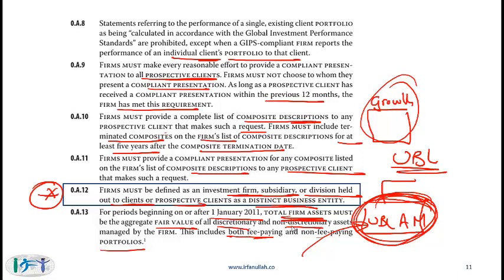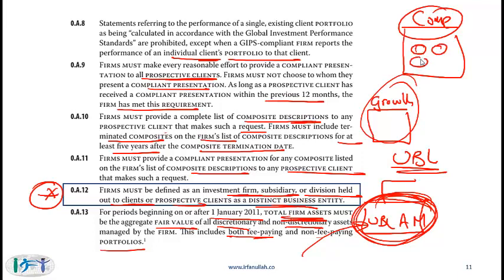This is not to be confused with what needs to be reported within a particular composite. A composite will only have portfolios that are discretionary and fee-paying and meet the other criteria that we have talked about.